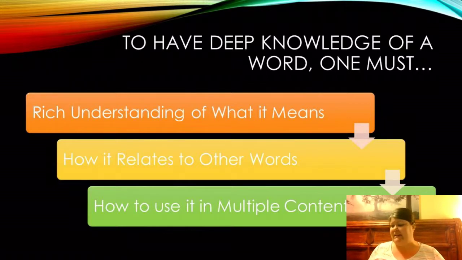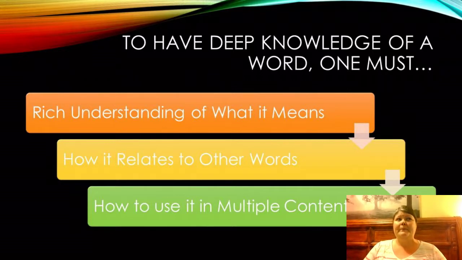So if you were to say that you understood the word habitat deeply, for a student to understand that word deeply, they need to know it. I'm very visual, so I need to be able to hear a word and see it kind of in my head. They would need to know how that word relates to other words.